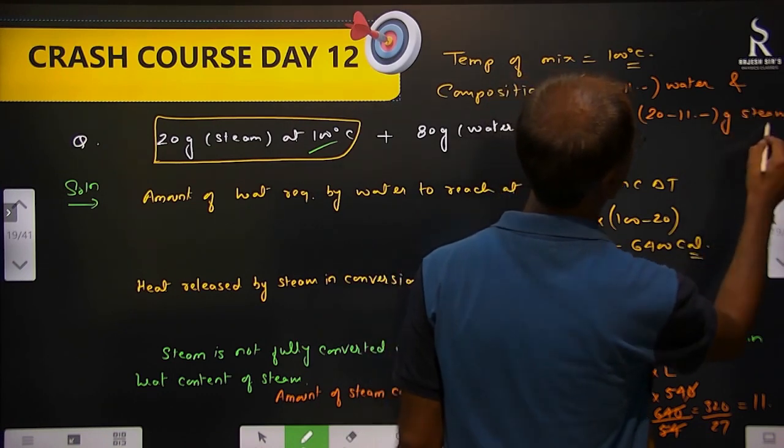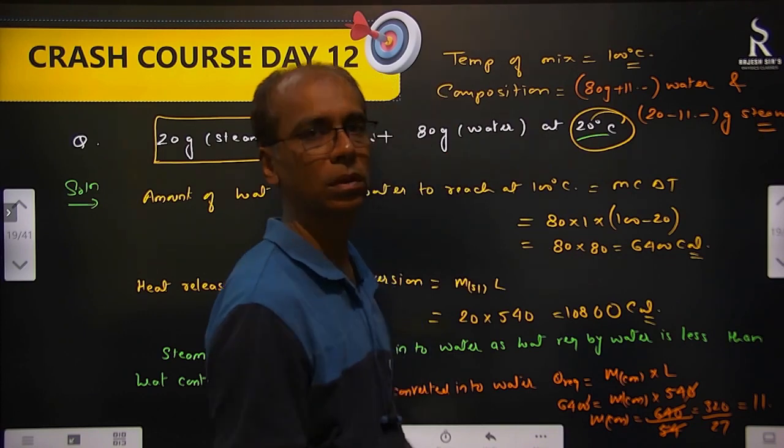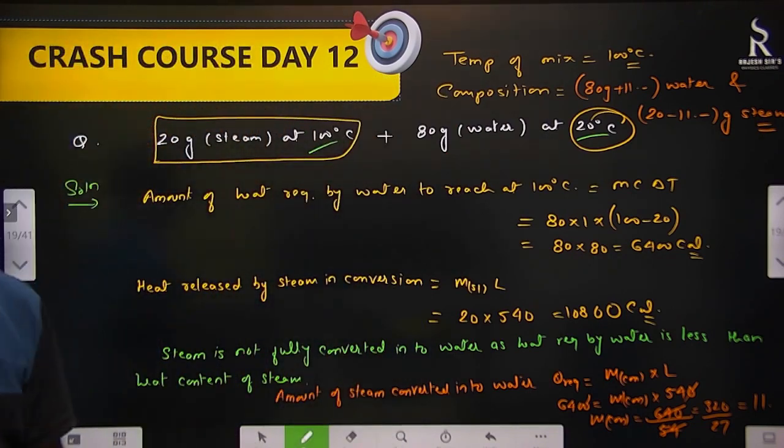This is the composition. Okay, so water has increased and steam has decreased. Right, so this way we can find composition. Let's see one more question.